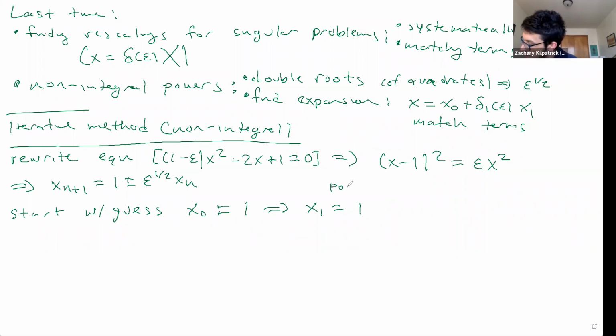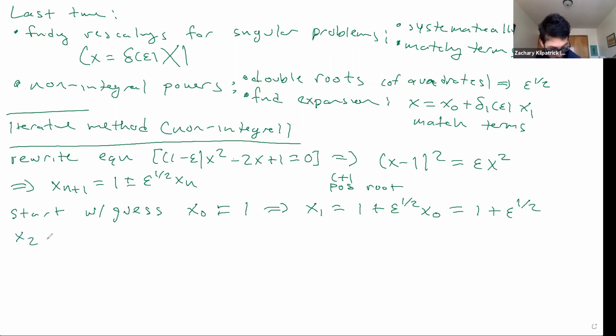We just plug in and expand. So let's take the positive roots, or I guess I should say the plus root. They're both positive here. And we get 1 plus epsilon to the 1/2 x0. This is just equal to 1 plus epsilon to the 1/2. Okay. So far, so good.